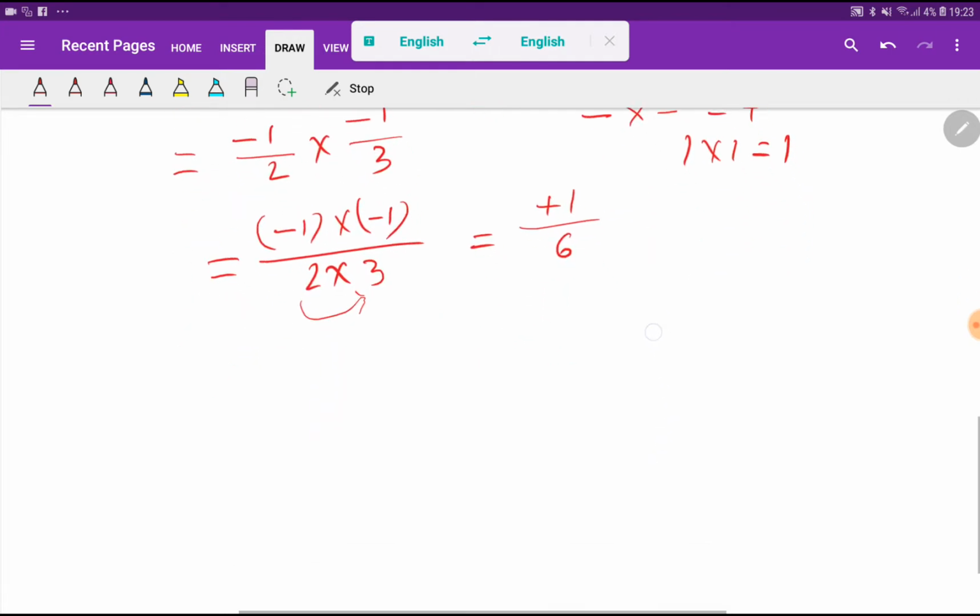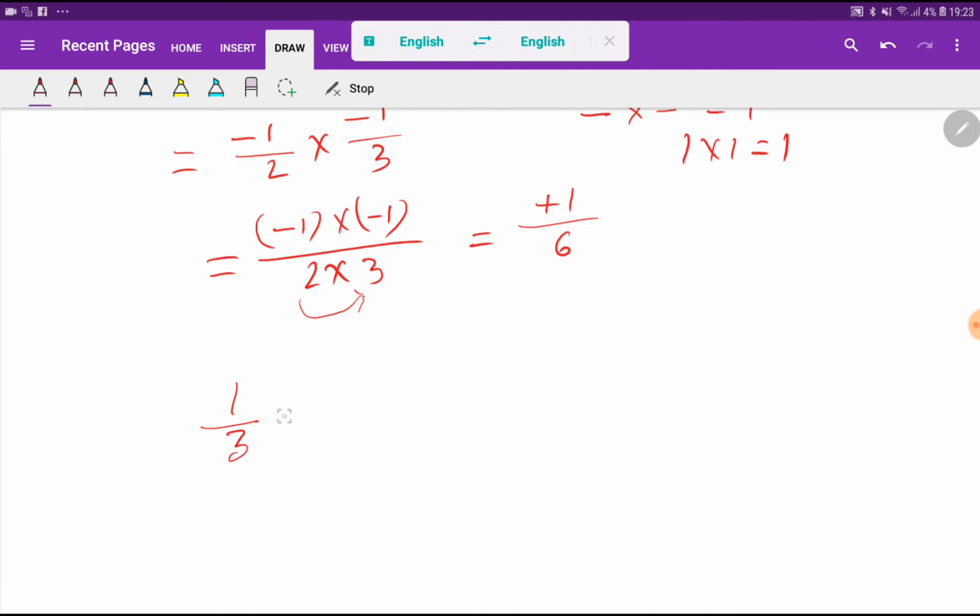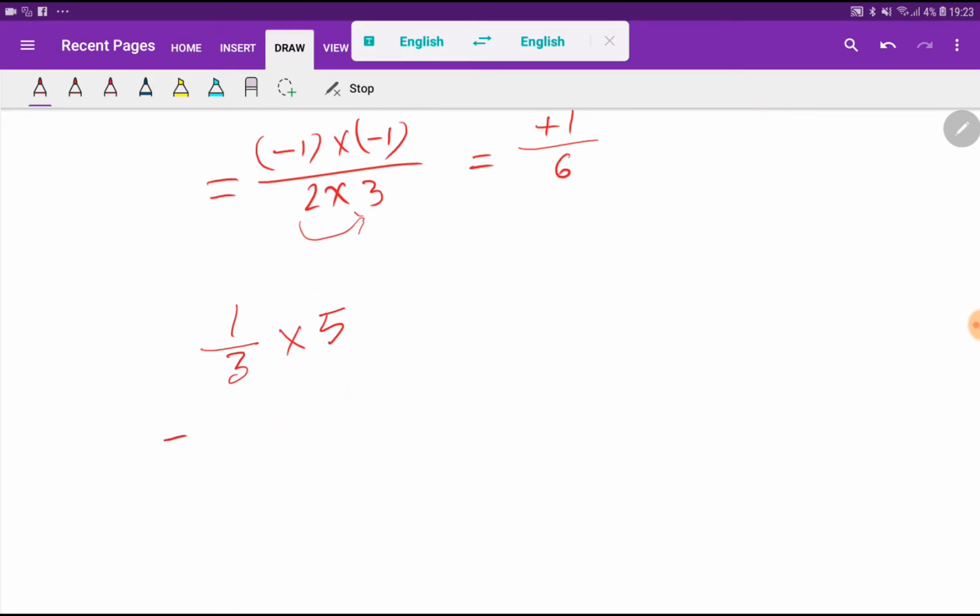Okay. Now let me show you how to multiply 1 by 3 by 5. That is 1 by 3 is a fraction, but 5 is an integer. So how to multiply a fraction by an integer? Okay, so to multiply, I can rewrite this problem. I can write 1 as denominator of 5, right?